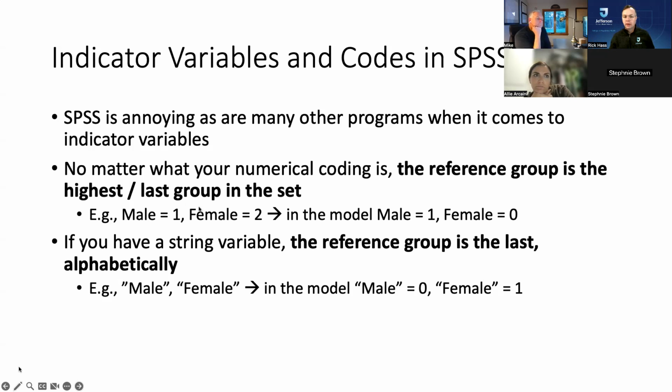So if you're using numeric codes for, say, a male-female variable, and you pass this as your predictor, SPSS is actually going to make female the reference group, and male the indicator group. What SPSS does is it uses the last or highest value in that variable as the reference group.